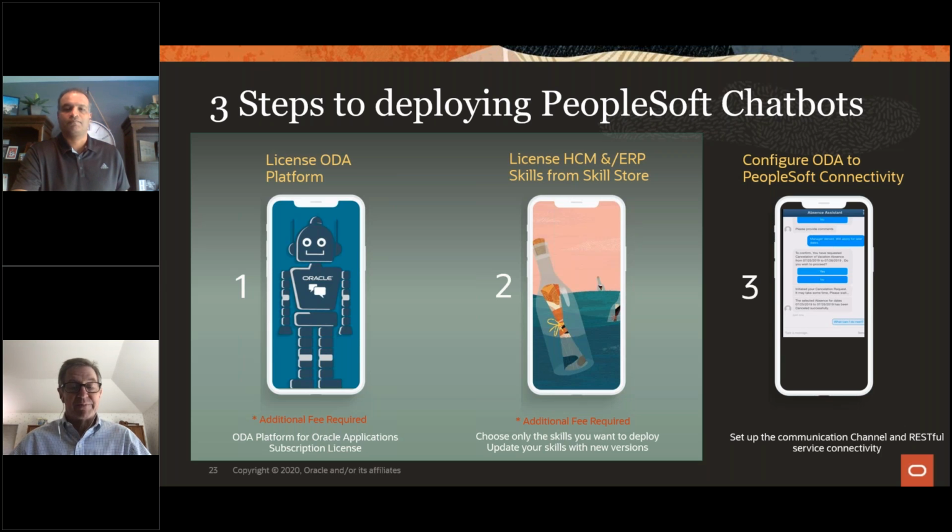There is this step between getting the ODA deployed for you, configuring it to your PeopleSoft application, which we mentioned before can be an on-premises application, and then hooking the skills up and choosing the skills that you want. So if you want the absence skill, but you don't want the directory skill, you can just pull the absence skill into your ODA environment, configure that, and be running with that. So let's go to the next one.